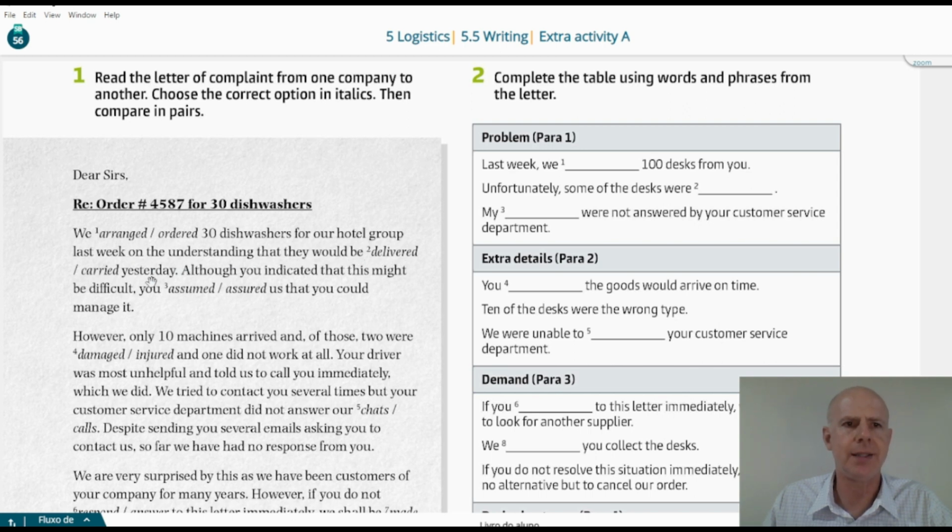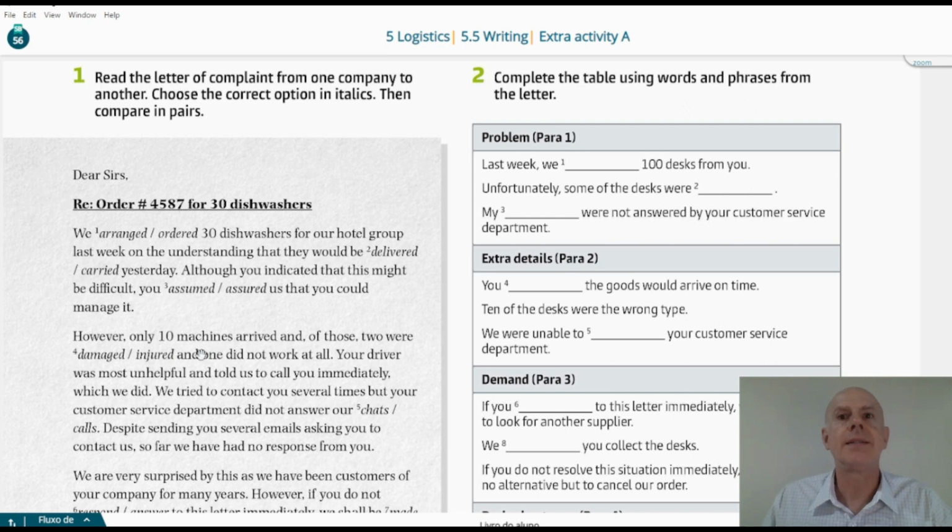We ordered 30 dishwashers for our hotel group last week, on the understanding that they would be delivered yesterday. Although you indicated that this might be difficult, you assured us that you could manage it. However, only 10 machines arrived. So imagine you buy 30 and they deliver only 10.